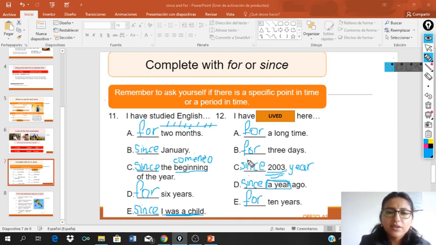For example, years, days, or exact hours, for example, 11 a.m., 12 a.m., 2 a.m., 2 p.m. While for we use for periods of time: 1 hour, 2 hours, 3 hours, 4 days, 5 days, 20 years, 10 years. Okay? Remember the structures.